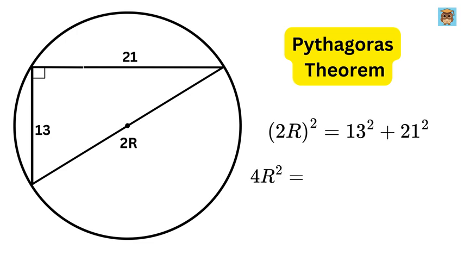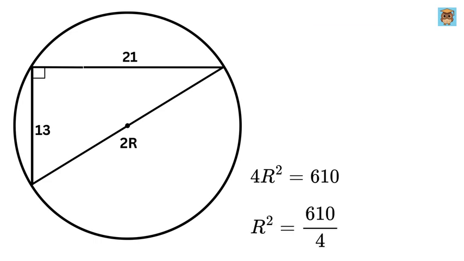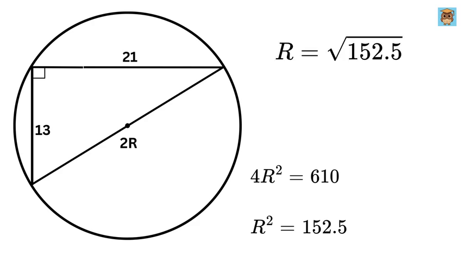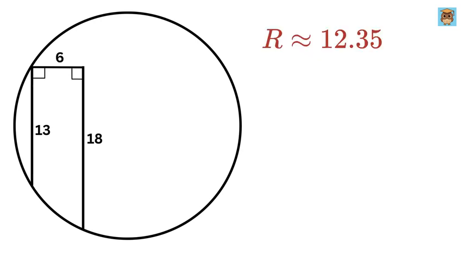Therefore, 4r squared equals 169 plus 441, or 610. Thus, r squared equals 610 over 4, which will be 152.5, and therefore r equals the square root of this, which is approximately 12.35 units. And that's it. This is our final answer.